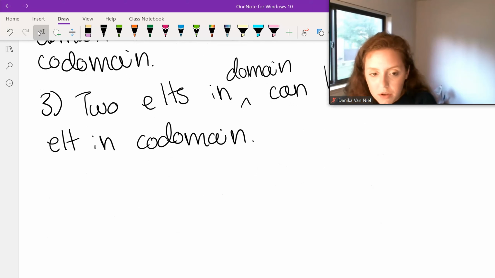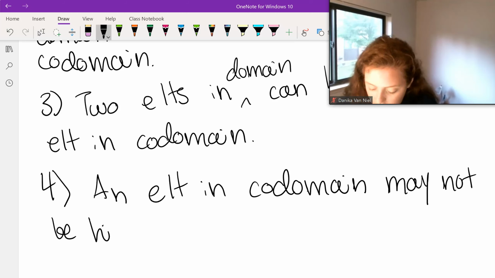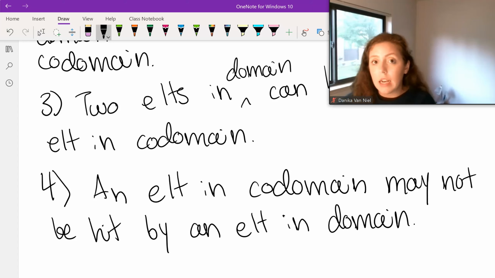So my last remark: an element in the codomain may not be hit by an element in the domain. So it all depends. The range could be a strict subset of the codomain, or it might be equal. It doesn't always just depend on the assignment rule that the function has, but it could also depend on what the codomain is with that assignment rule.